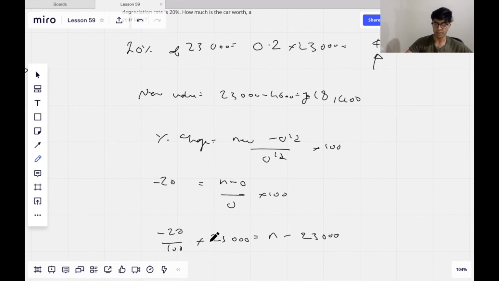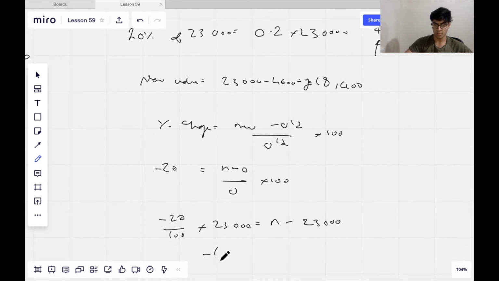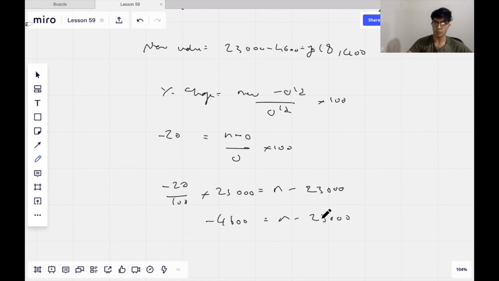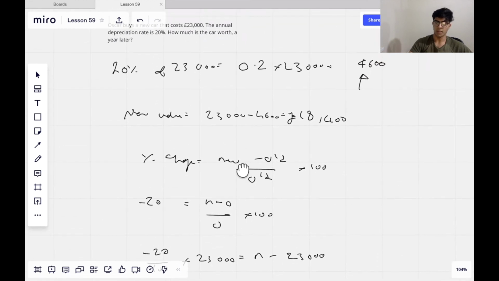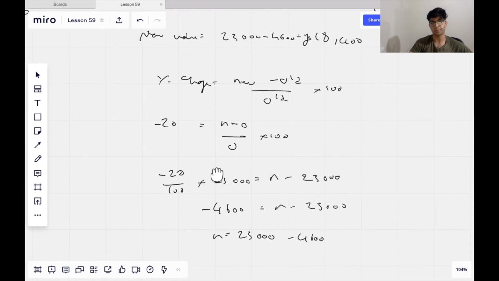The left hand side equals minus 4,600, equal to n minus 23,000. Then we add 23,000 to both sides, so n is equal to 23,000 minus 4,600. So this is just a rearrangement of the formula, but thinking of it more intuitively.